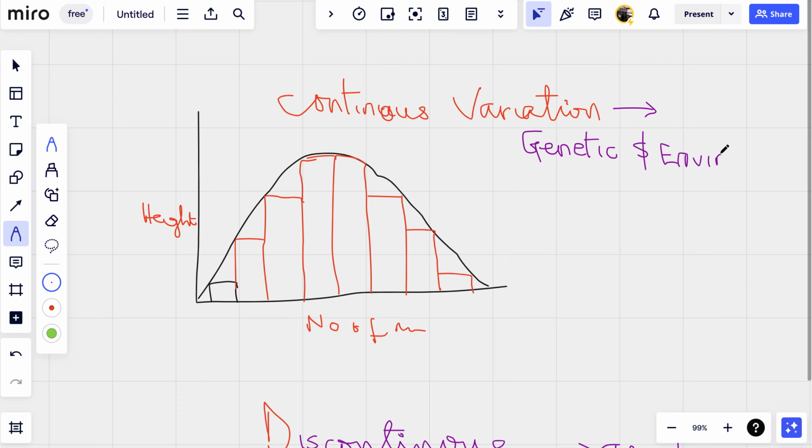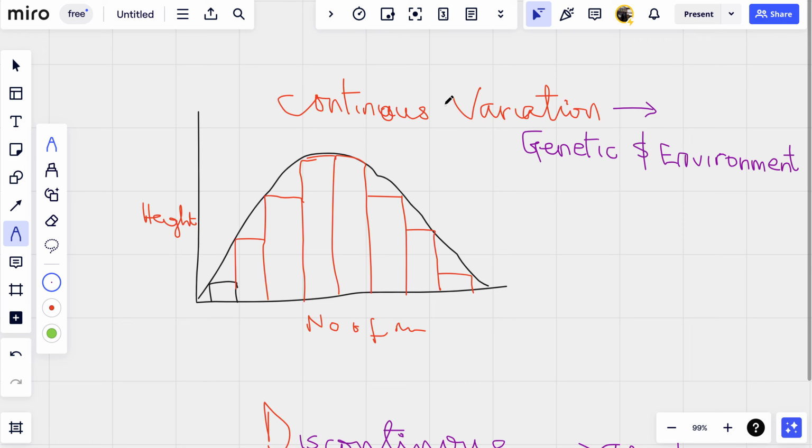If you have adequate nutrients and your parents have the necessary gene for tallness, then the child will definitely be tall.